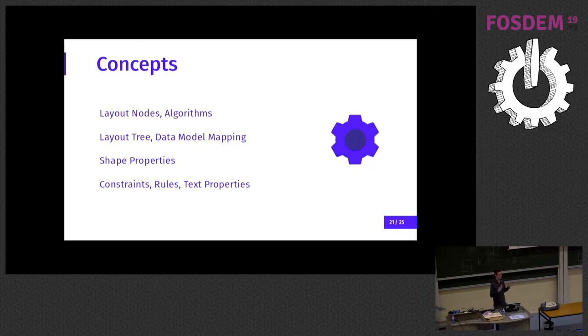But there is no big picture overview in the spec. So getting an idea of what are the concepts behind this layout machinery is something that was the most challenging for me.